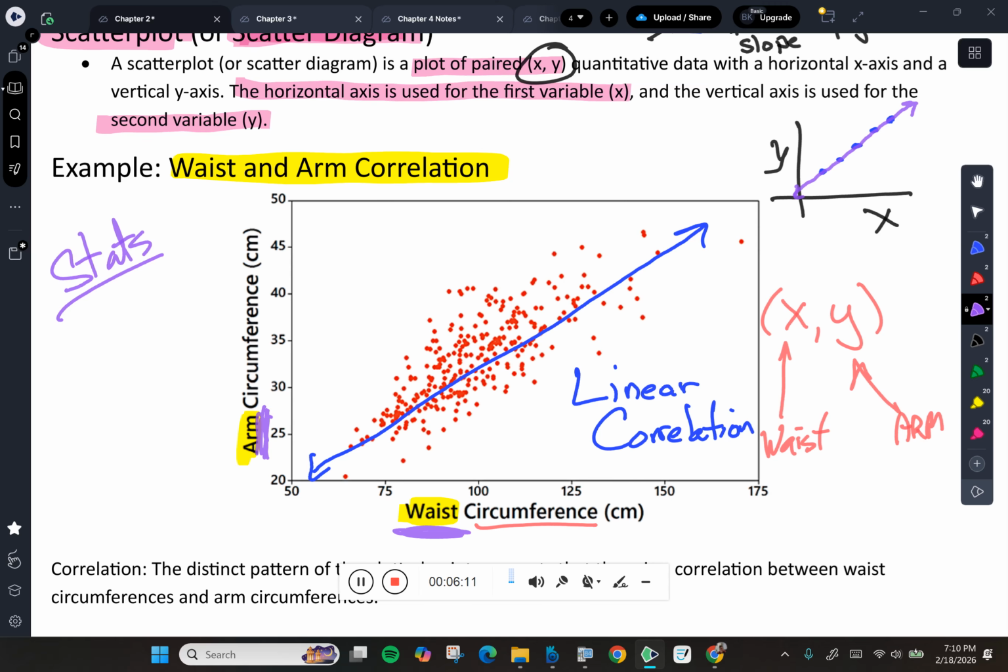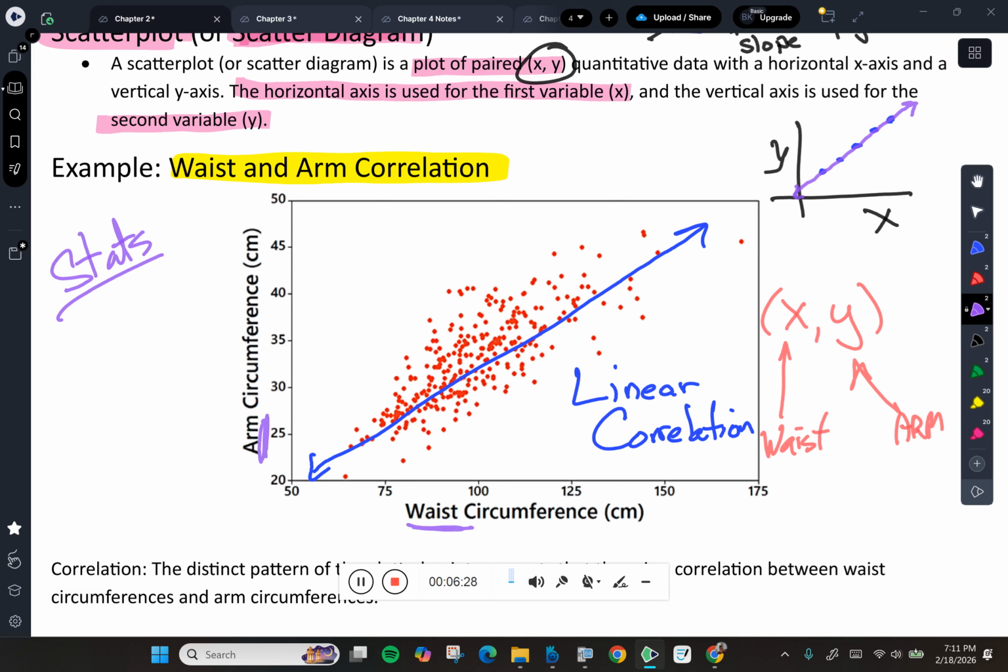And that's what correlation says. Correlation is not going to be perfect. Correlation is going to be a general overall trend. As one variable increases, does the other variable also increase?